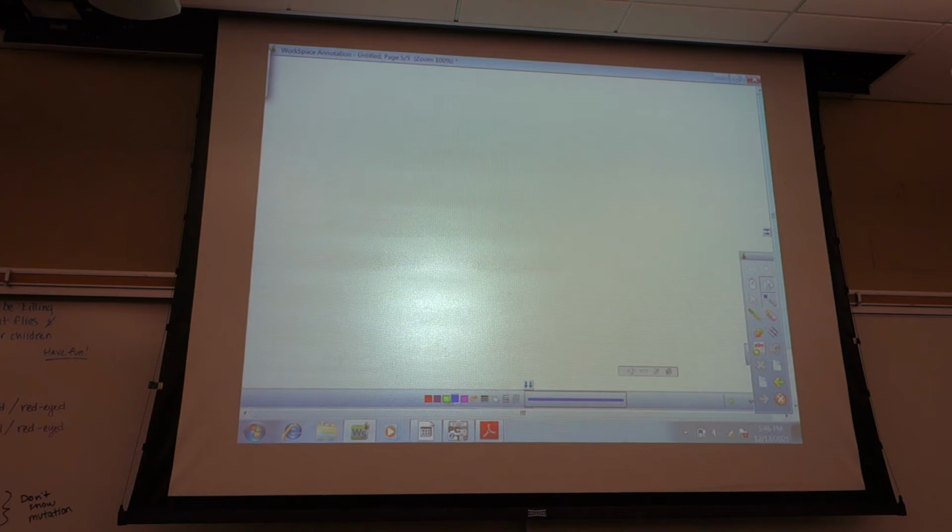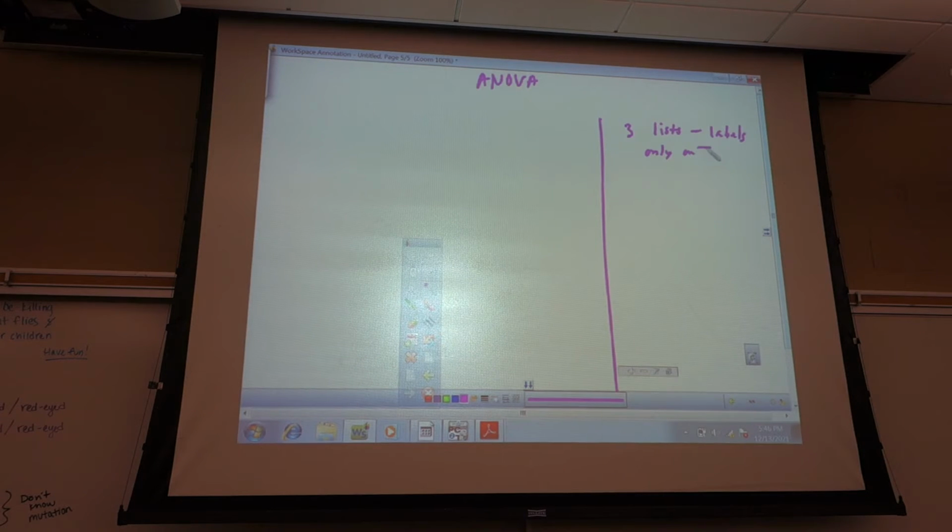And I think we can look at the last one, ANOVA. That's a little bit shorter. What do we know about ANOVA? It has only top or side categories. Yeah. So it has 3 lists. So labels only on top or side, not both.